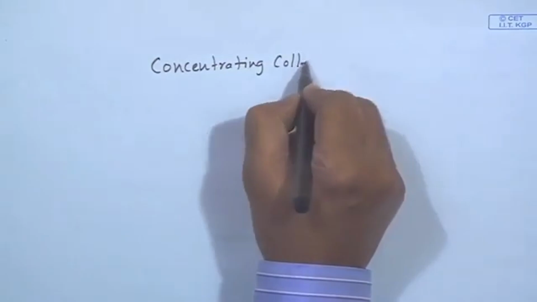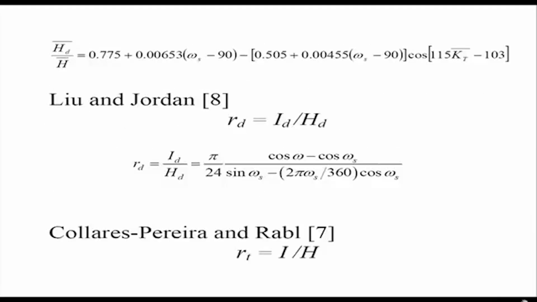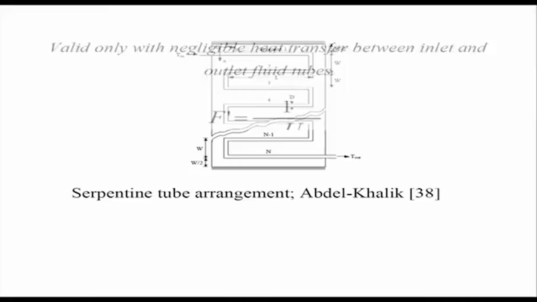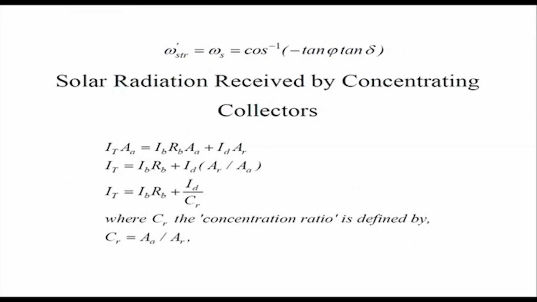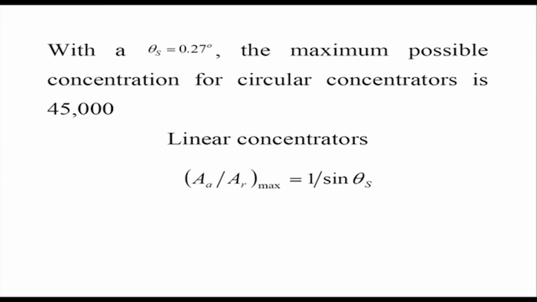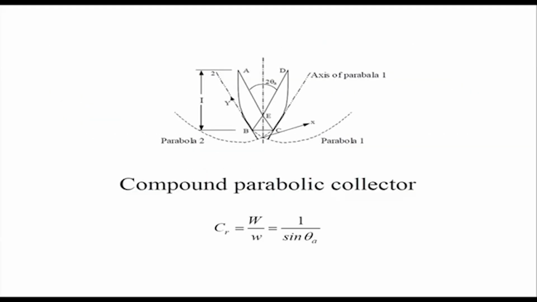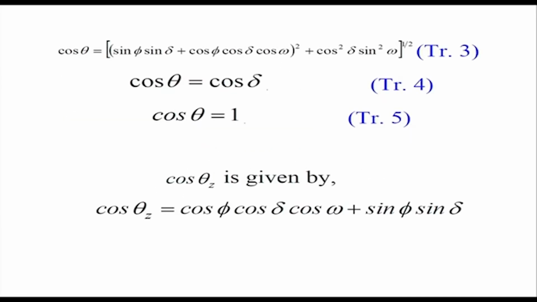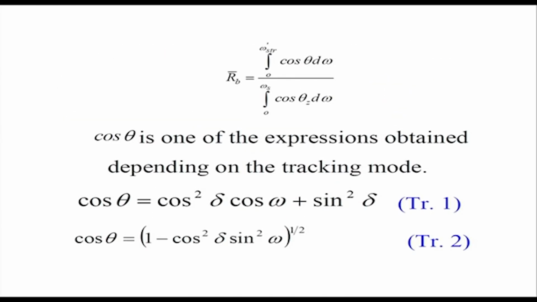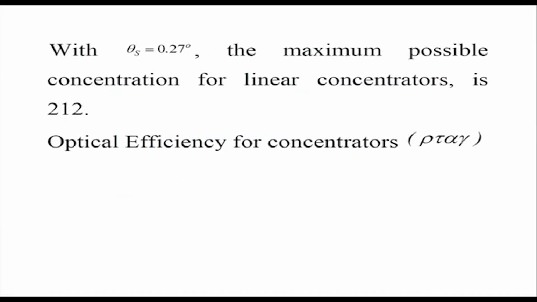On the topic of concentrating collectors, we have defined concentration ratio and the need for concentration, and then we obtained expressions for the maximum possible concentration ratio and the angles of incidence for different modes of tracking, and the R_B, that is the instantaneous tilt factor, to estimate the direct solar radiation on the concentrating aperture, the optical efficiency, and then we have expressed the daily radiation received by the concentrating collector's aperture area.